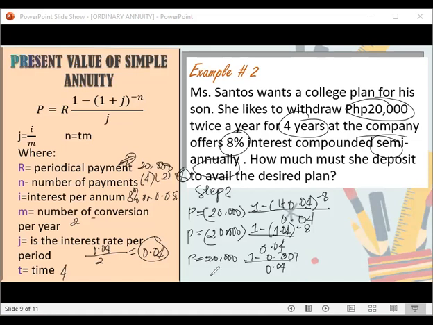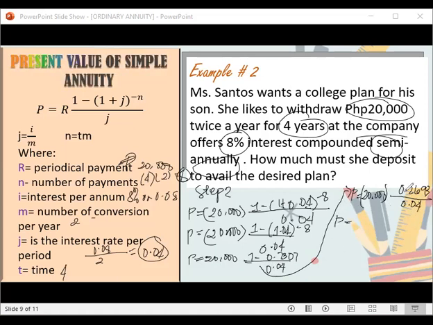Okay, so syempre po, ang gagawin na natin is i-minus sa 1. So, malapit na. 20,000. So, 1 minus 0.7307 is 0.2693 over 0.04. So, ayan.